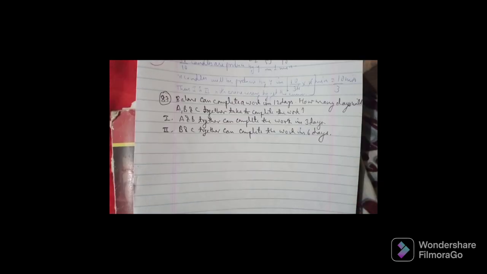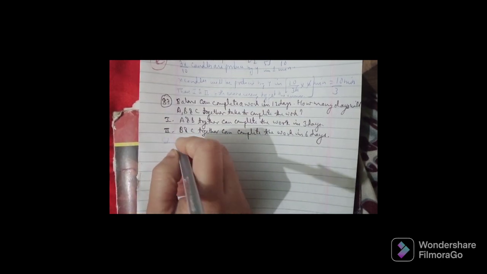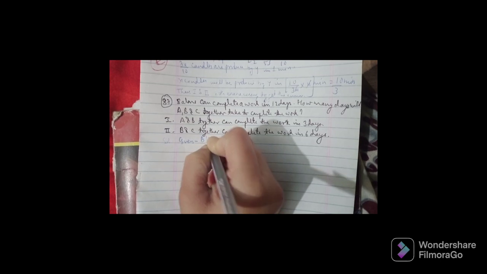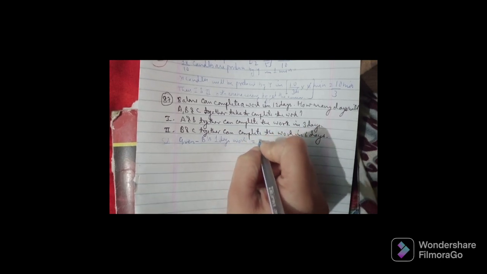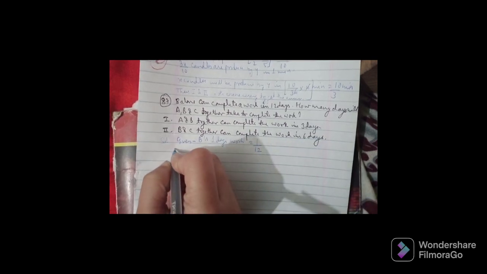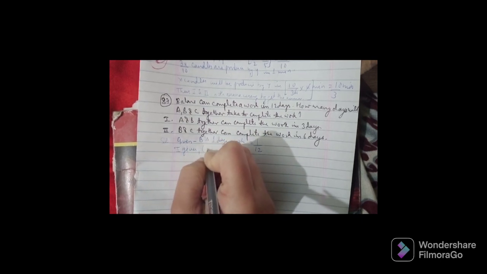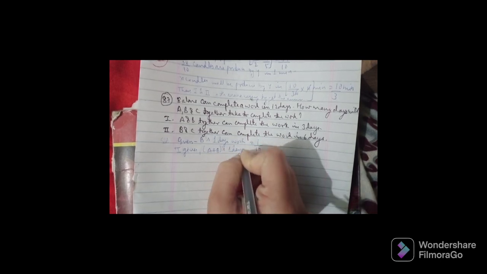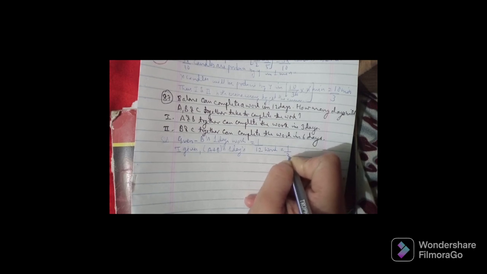So here we go, given. B's 1 day's work equals 1 upon 12, and statement 1 gives A plus B 1 day's work equals 1 by 3.